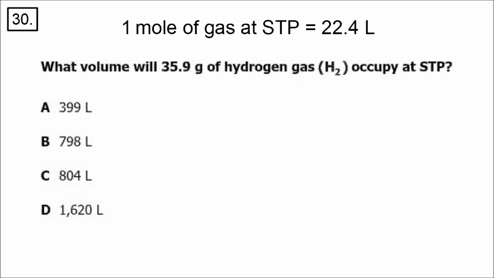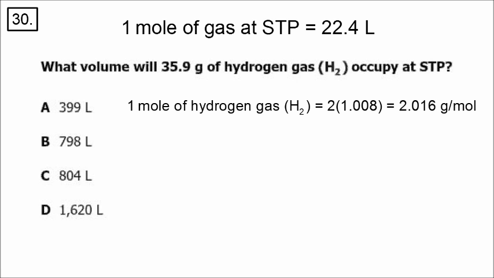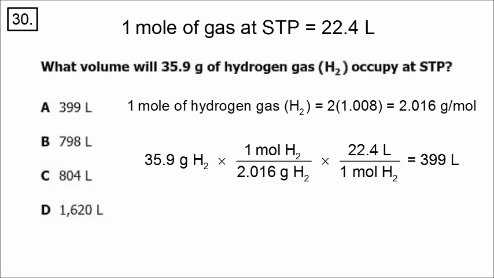First, we're going to go from grams to moles using the periodic table, and then we'll go from moles to liters using 22.4. So 1 mole of hydrogen gas weighs approximately 2 grams per mole. So 35.9 grams of hydrogen divided by 2.016 grams per mole, and then multiply by 22.4 liters per mole because we're at STP. And the correct answer is A, 399 liters.